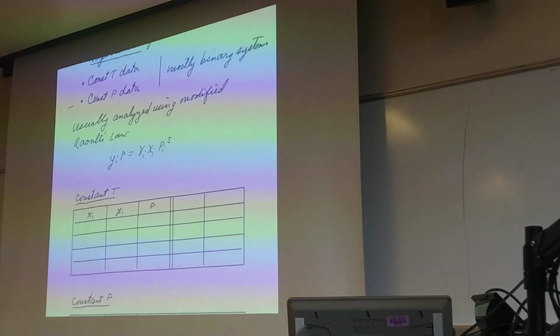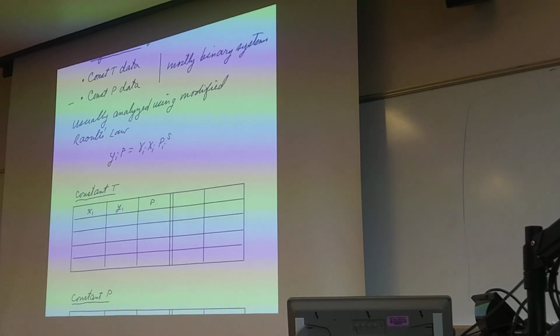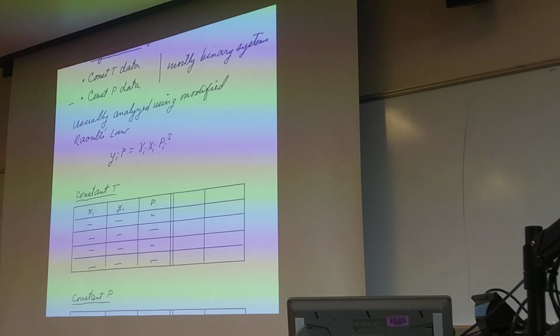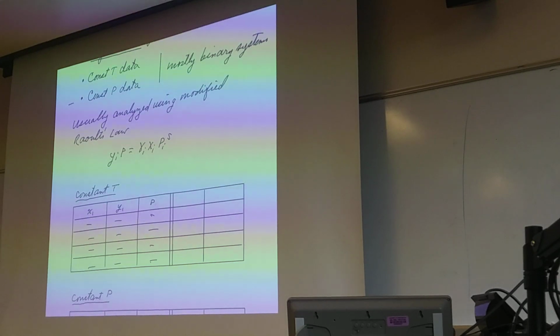But for now, let's see how we extract activity coefficient values out of vapor-liquid equilibrium data. So here's data at constant temperature. I have a series of values of x1 versus y1. And this is at constant temperature, so the third thing we need to be given is the pressure. So here are the data that are given. There's 3 columns of data, x1, y1, and P, all at some given constant temperature.